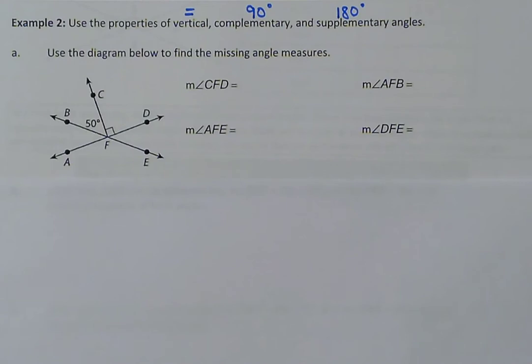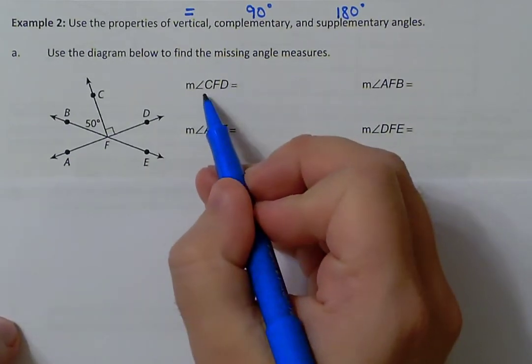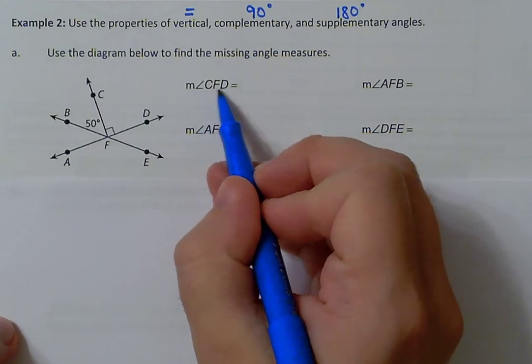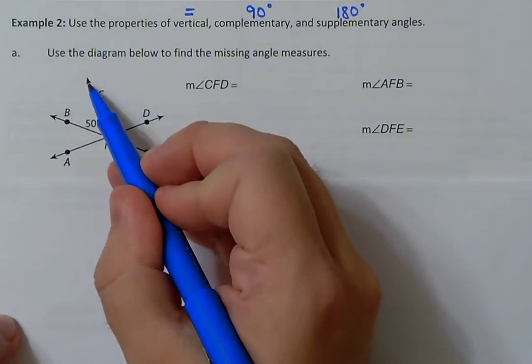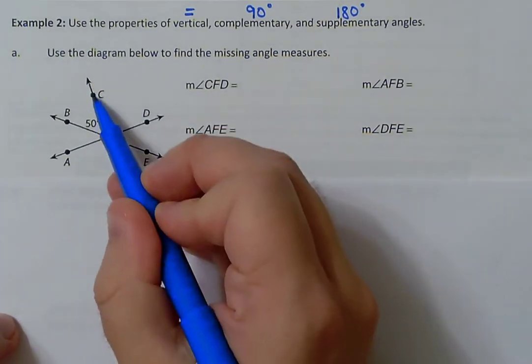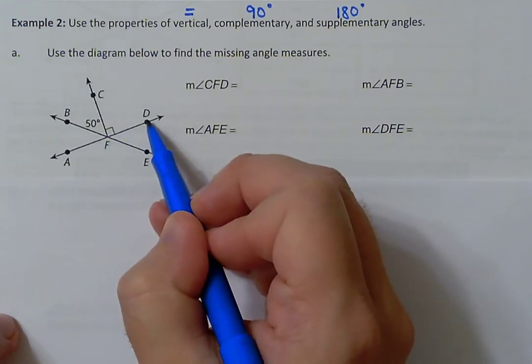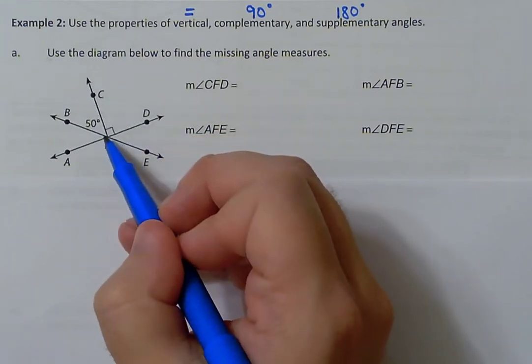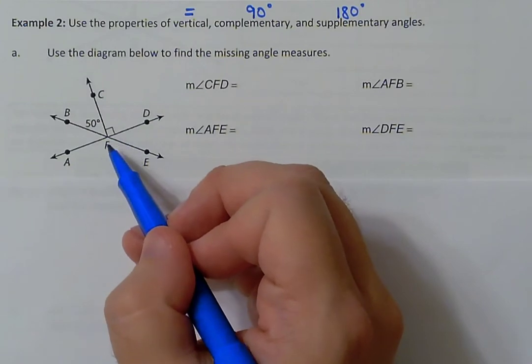All right, for example 2a, it wants us to use the diagram below to find the missing angle measures. So, our first one is the measure of angle CFD. We have CFD is going to be this angle right here. If I want to find the measure of this angle, first of all, do they tell me anything about the angle?